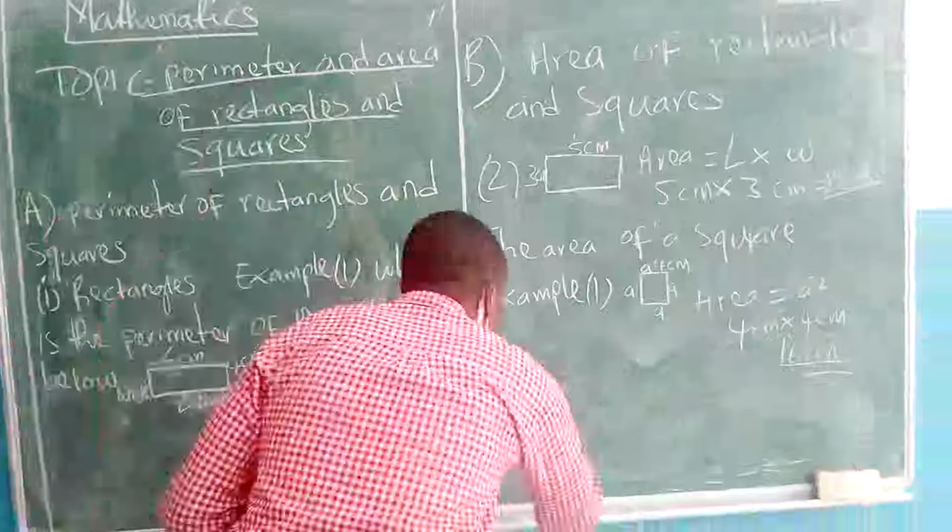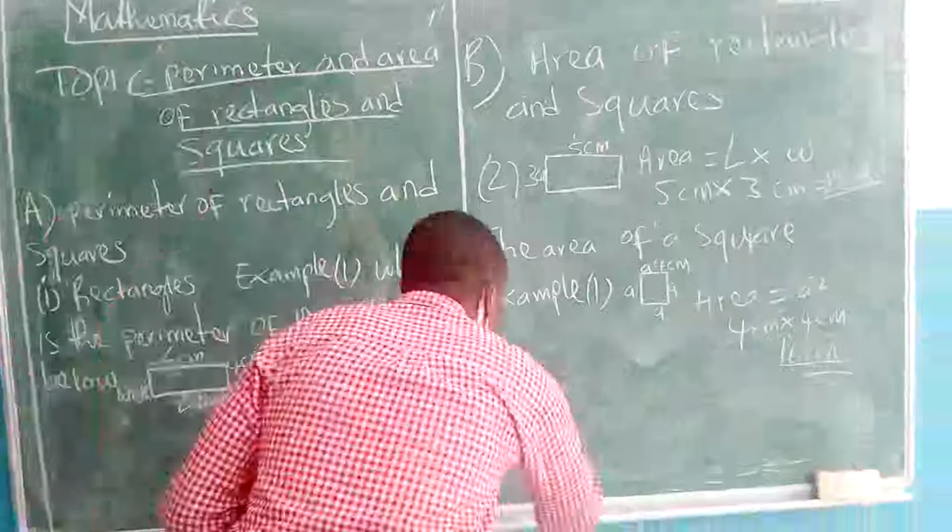So since we are looking for the area of a square, we say area equals A squared, since we have letter A. So which is equal to A squared, which will be what? 4 centimeters times 4 centimeters.